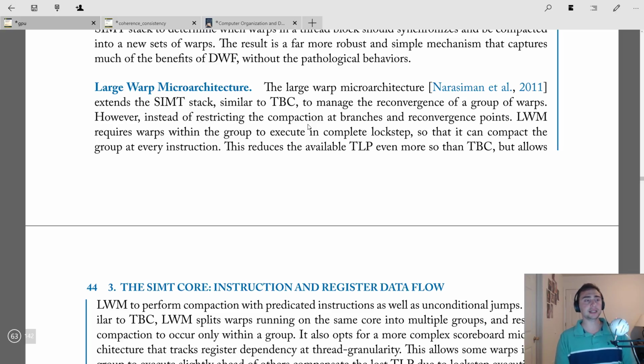But instead of restricting this compaction at branches and reconvergence points, it requires warps within a group to execute in complete lockstep, so that it can compact the group at every instruction, right? So this reduces TLP even more so than thread block compaction, right? Because everything's in lockstep.